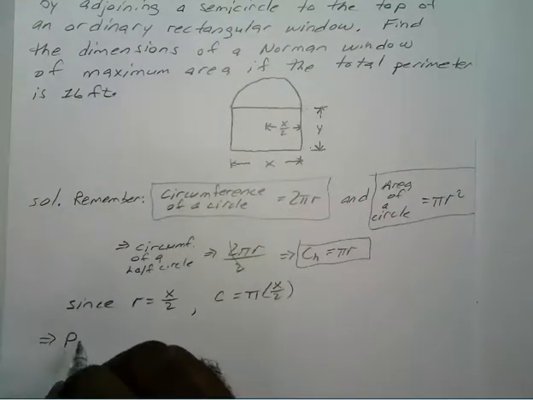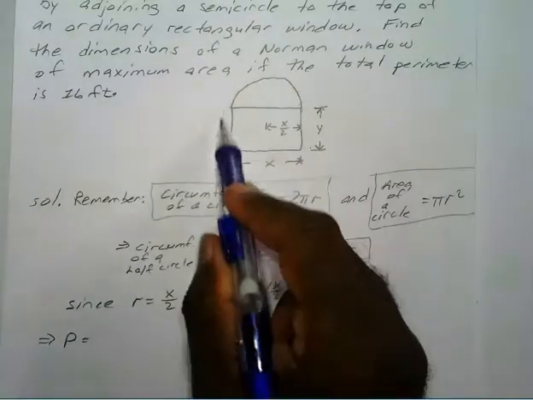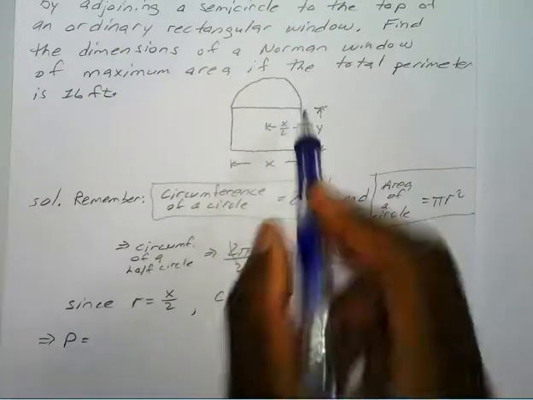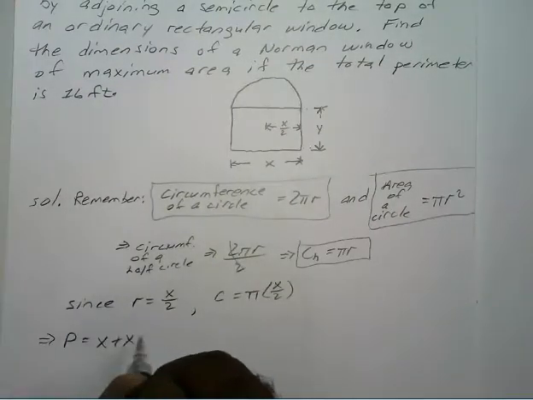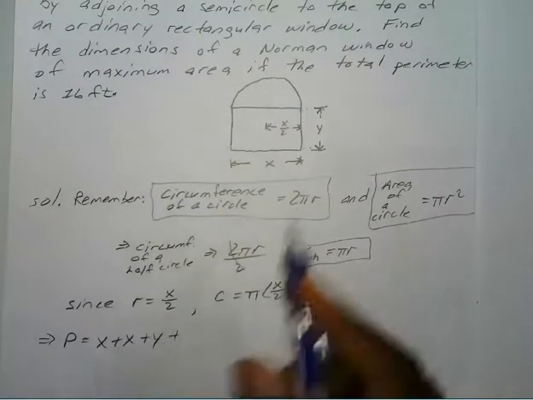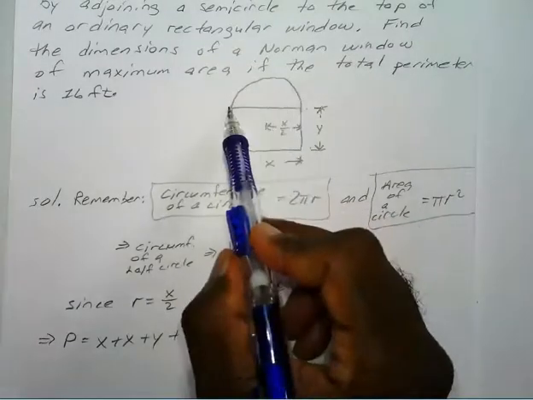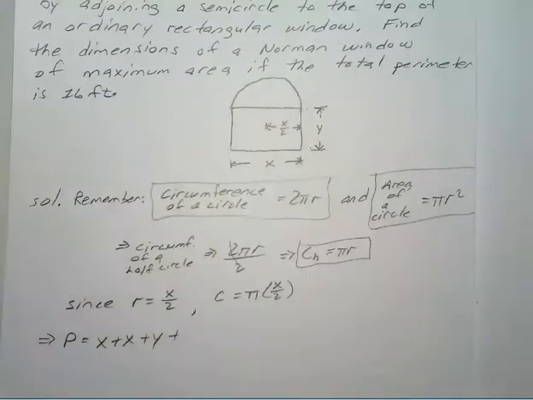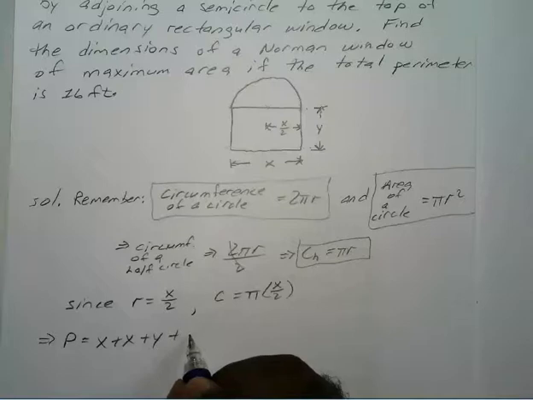Okay, so our perimeter will equal x plus y plus the circumference of our half circle.